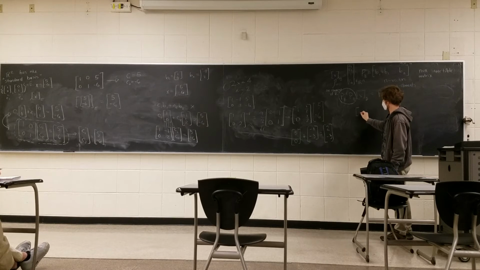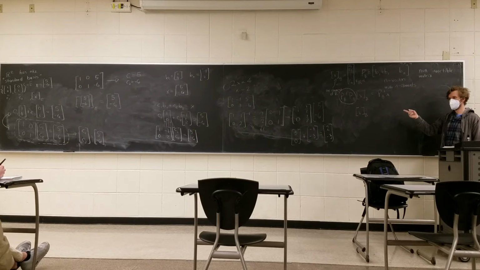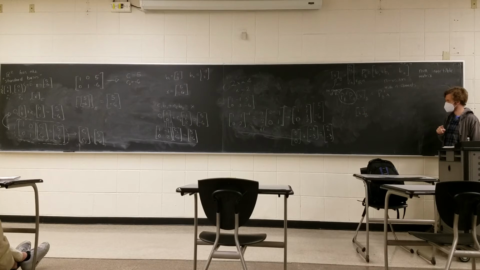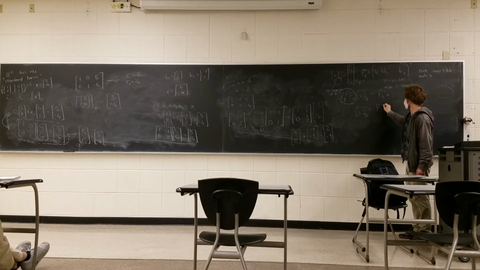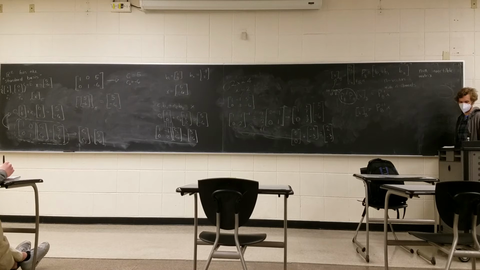And what I get is that the representation of x with respect to that basis, the B coordinates of x, is given simply by the inverse of P_B times x. Any questions about this?